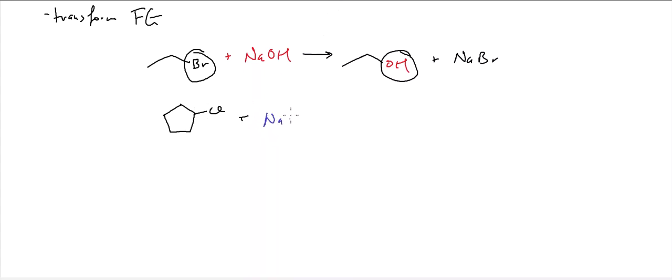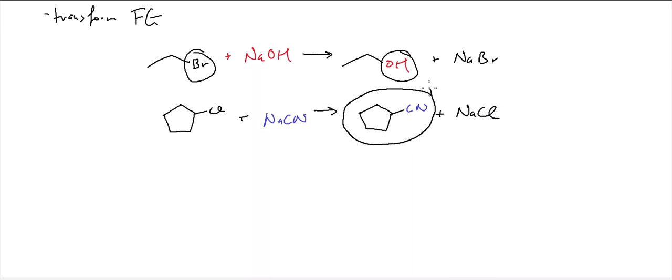So say I add NaCN to this secondary alkyl chloride. Well, we transform this alkyl chloride into the cyano alkyl group, and we'd be left with NaCl at the end. Usually I would only be interested in the organic product, but this is just to balance the reaction. Just to show two more examples, say we have this alkyl bromide and we add potassium ethoxide.